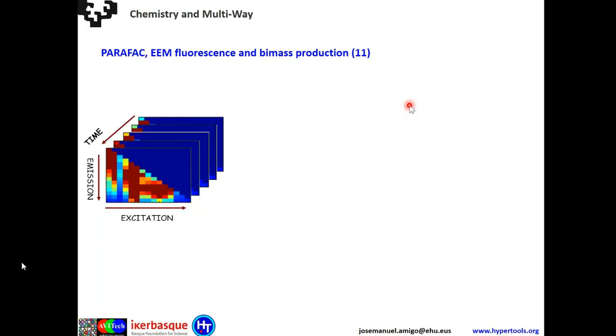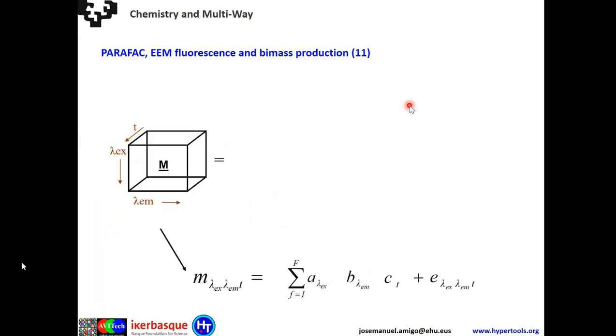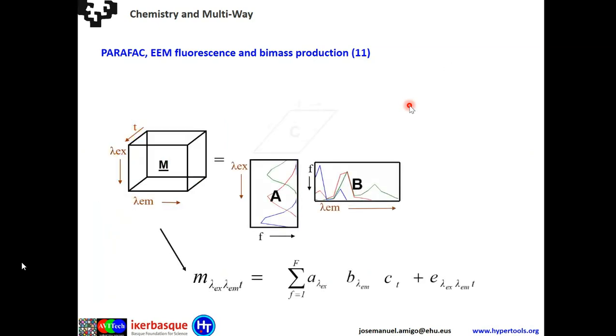Okay. So actually, applying PARAFAC, what we expect to obtain is the excitation and emission loading profiles of the compounds emitting fluorescence at specific wavelengths, and also an estimation of the relative concentration.